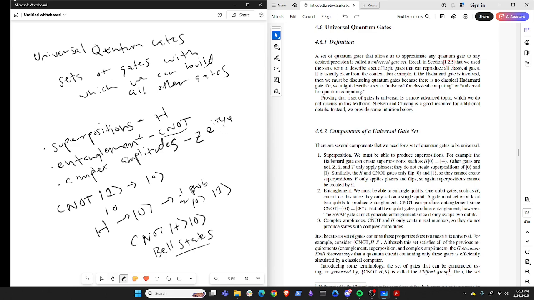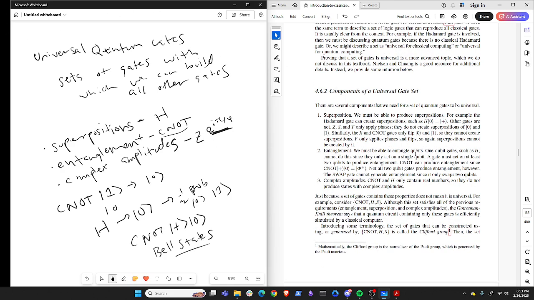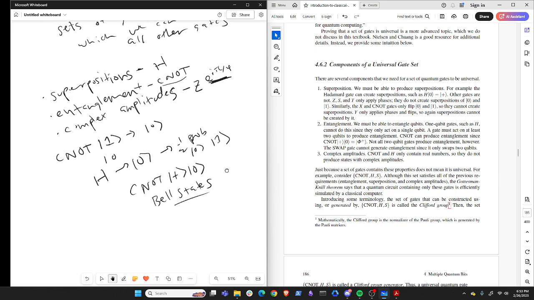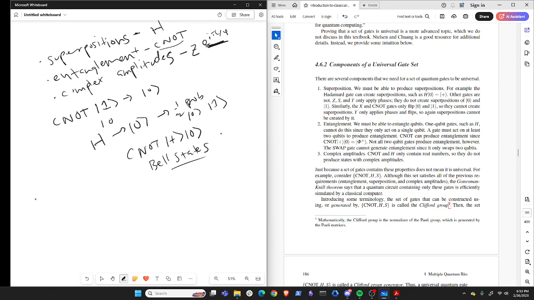It's able to work with complex amplitudes because it contains an imaginary component within the gate. So, for example, they talk about how the C naught, H gate, and S is not universal. We cannot build every other quantum gate out of a combination of these three because the S gate does not deal with complex amplitudes.